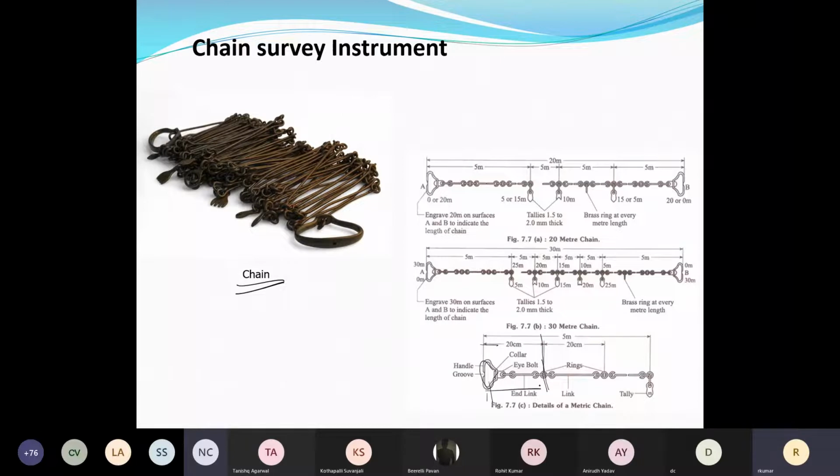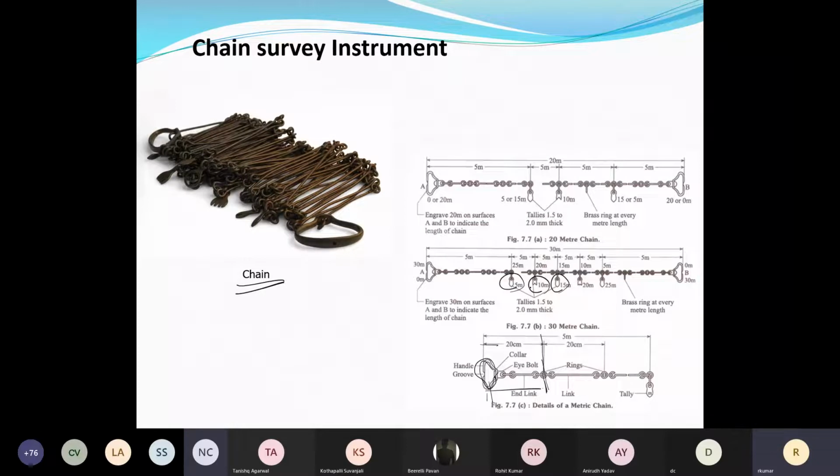This is a mild steel chain, with brass handles and some tallies. At every 1 meter, every 5 meters, and every 10 meters it has some tallies.